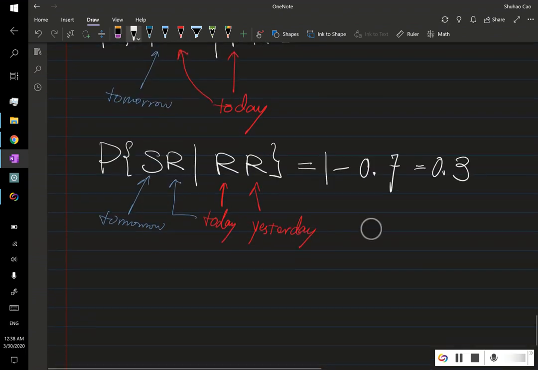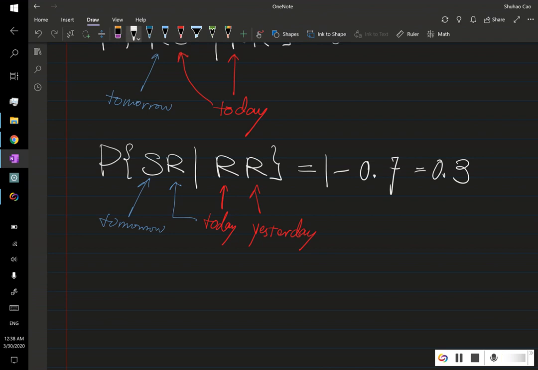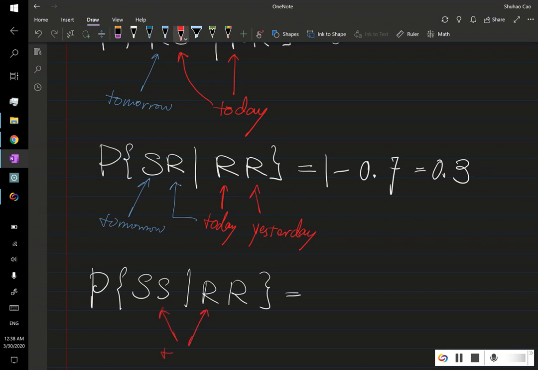Lastly, we work on SS and RR. Using similar logic, today is raining and today is yesterday for tomorrow, so this transition is impossible, and this is 0.